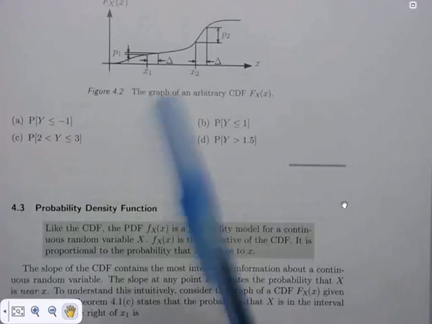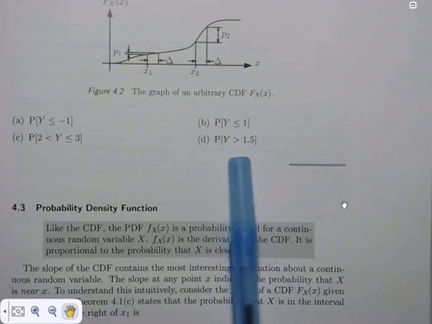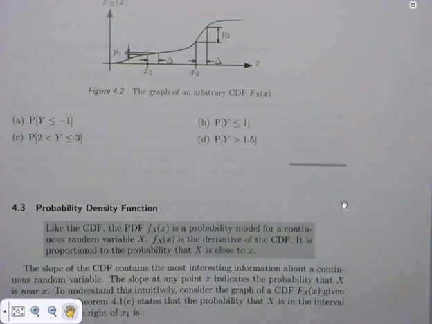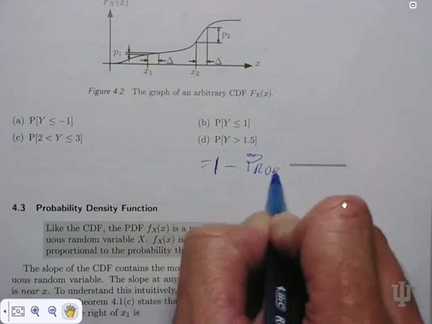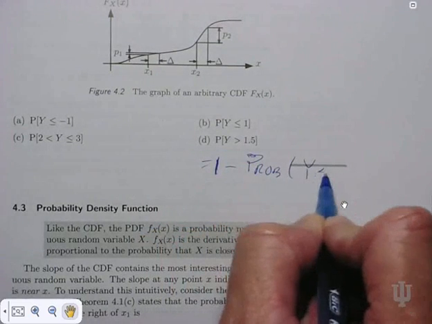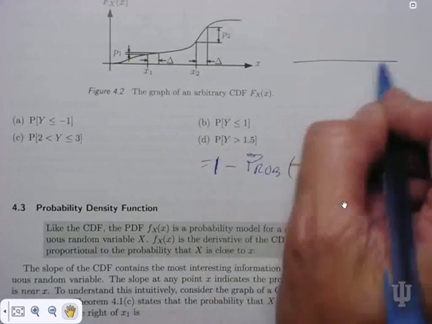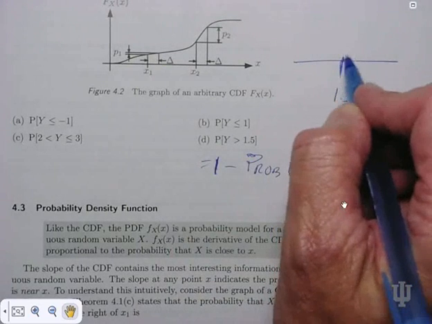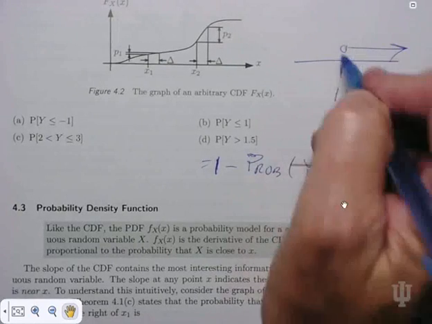This problem should be straightforward. What about this problem? How would you tackle it? Remember that capital F is here. The event of being greater than 1.5 is the complement of this.